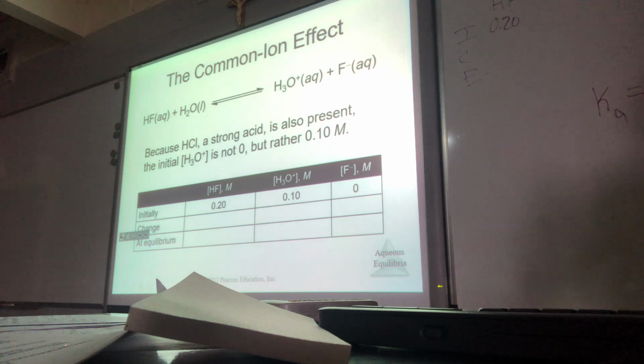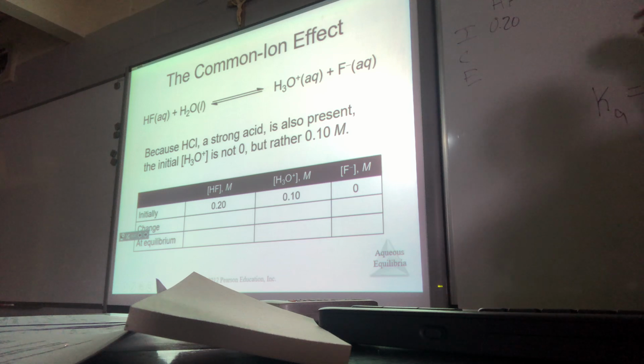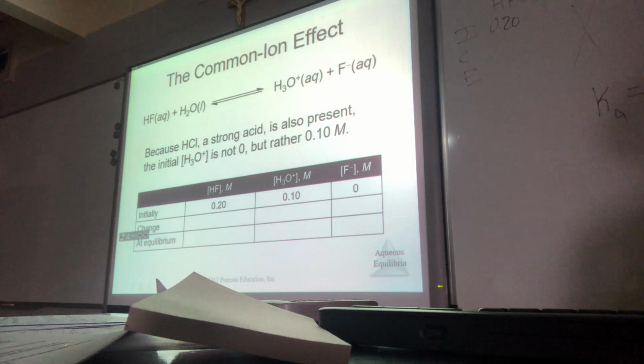When acids are the common ion, usually they're pretty obvious, right? HCl is an acid. HCl is going to give up an H+, which is going to increase our hydronium ion concentration. Because we were told that information, this is how we're going to work with our ice table.